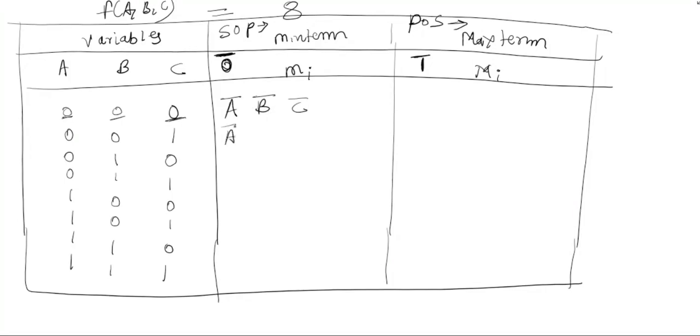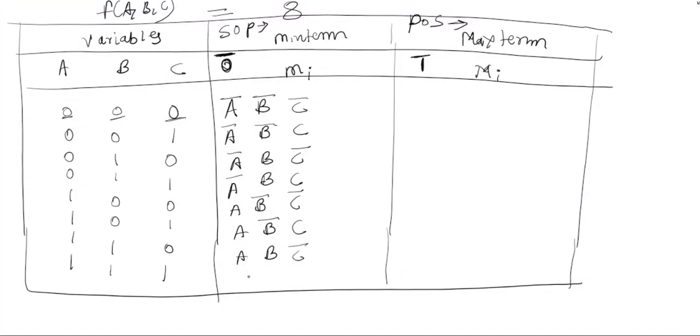Similarly, A bar, B bar, C. A bar, B, C bar. Then A bar, B, C. Then A, B bar, C bar. Then A, B bar, C. Then A, B, C bar and A, B and C.